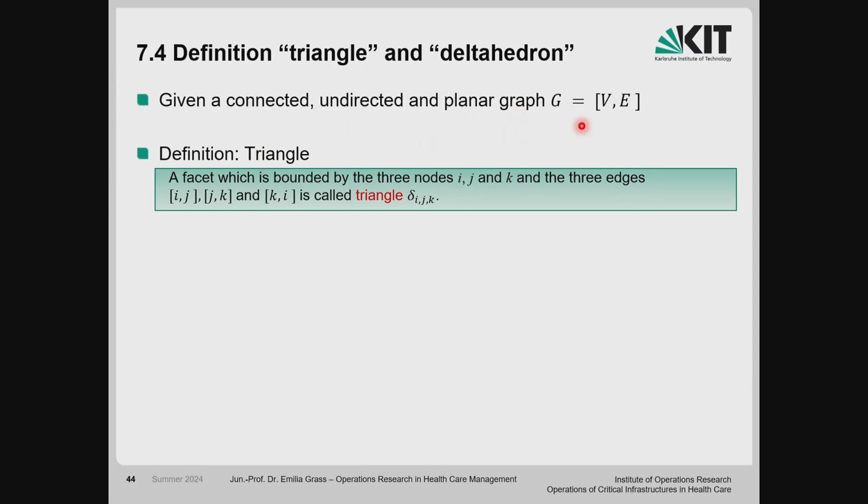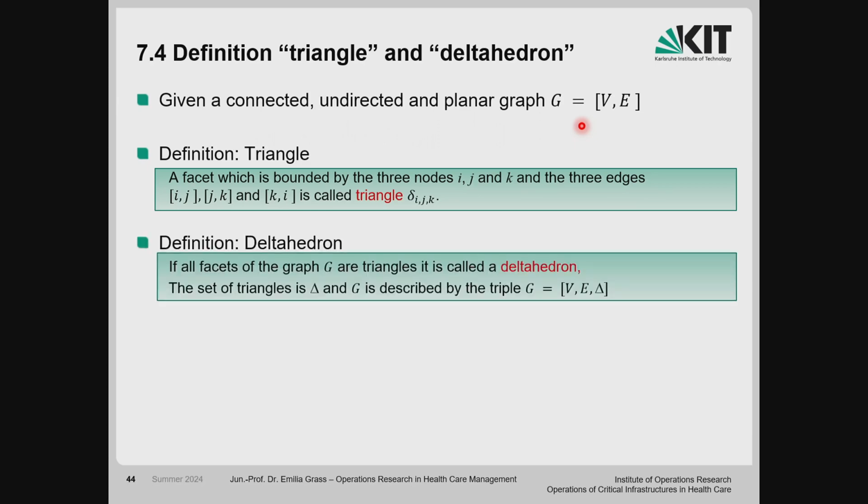This is simply a triangle. I think this is clear. Maybe you can still draw it. You have 3 nodes and 3 edges. And the deltahedron means all facets of the graph are triangles. Then it is called a deltahedron.